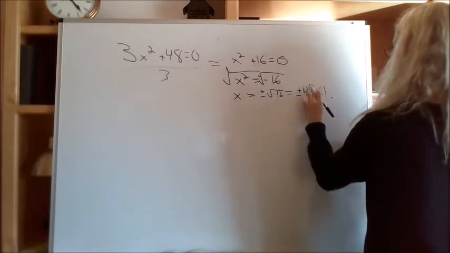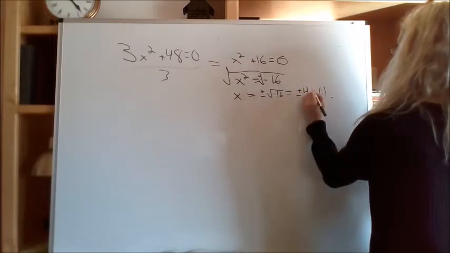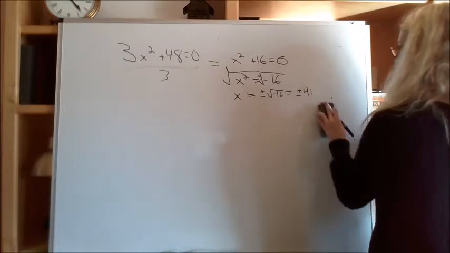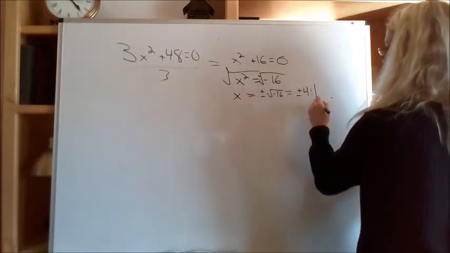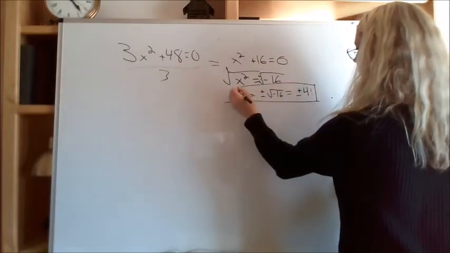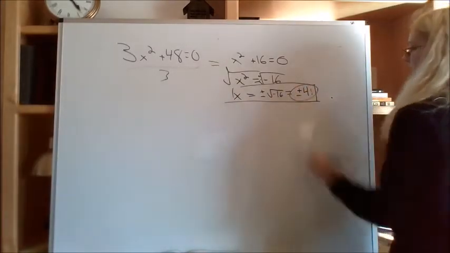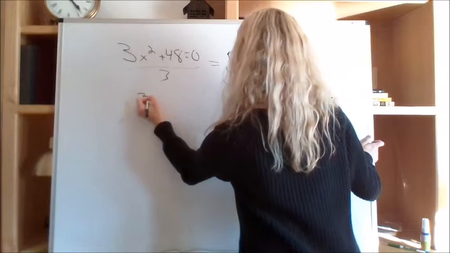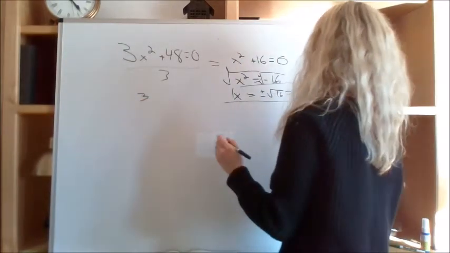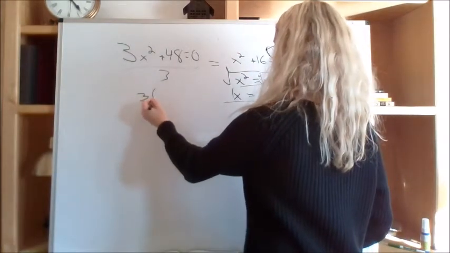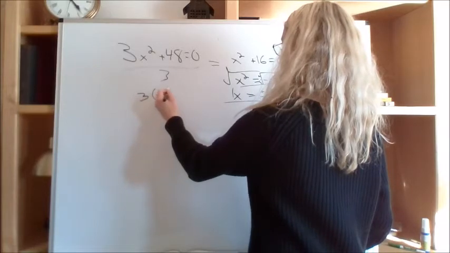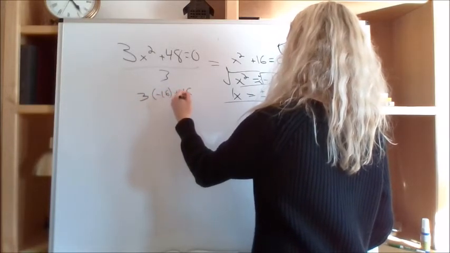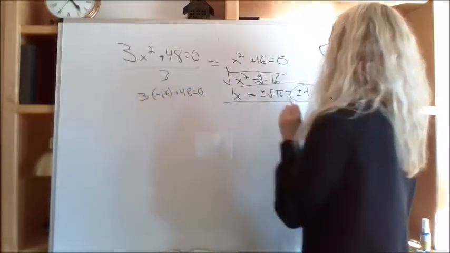So our answer is x equals plus or minus 4i. And if we plug this back in, we get 3x squared, and x squared is negative 16, plus 48 equals 0. And we see that we're right.